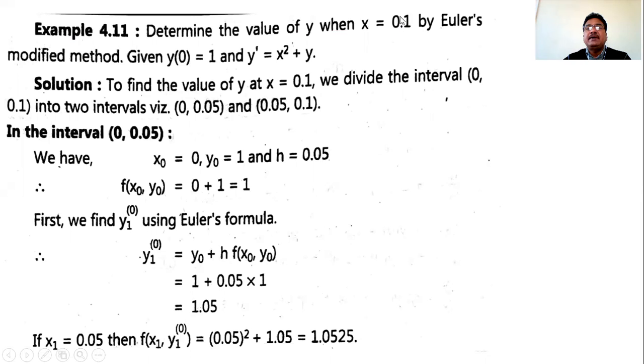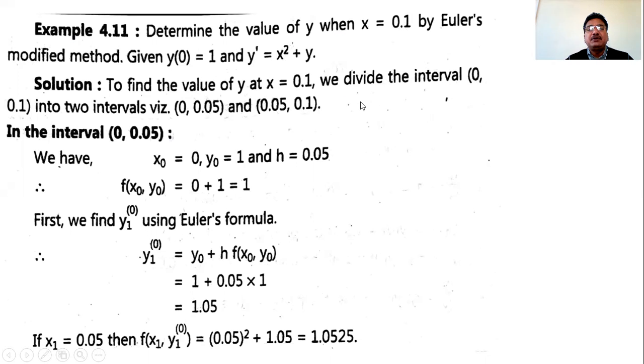We can directly find the value at 0.1, or first find it at 0.05 and then at 0.1 by dividing the interval 0 to 0.1 into two parts. That is, take h as 0.1 minus 0 divided by 2, that is 0.05.